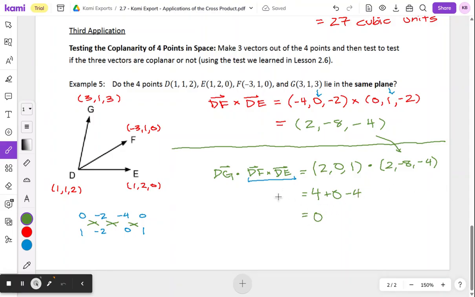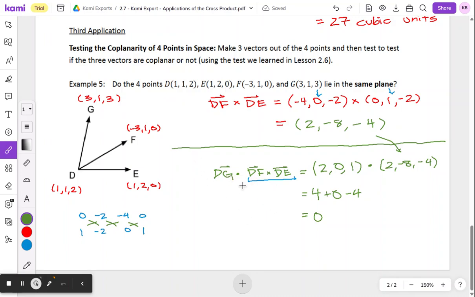So I am ending up with 0, okay? Which means that the cross product of DF and DE, which is perpendicular to both DF and DE, when I find the dot product of that with vector DG, I'm finding that they are perpendicular.